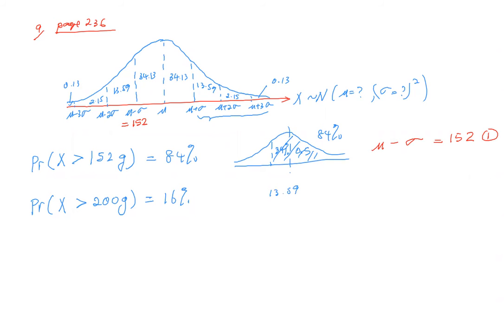Or what is the easier way? I take 50%, take away 34%, correct? So do I get 16%? Yeah.